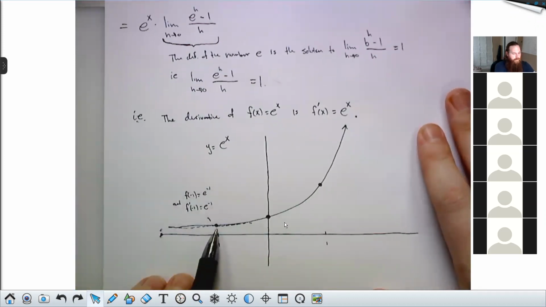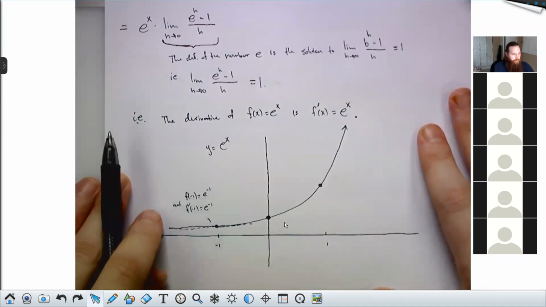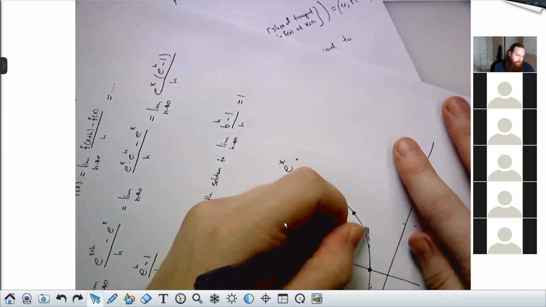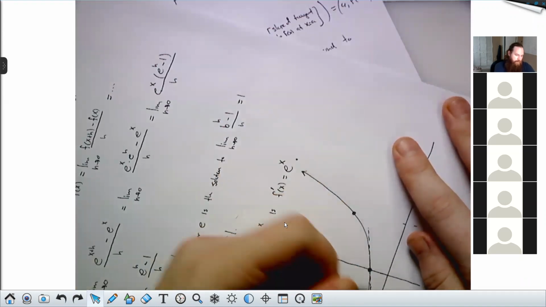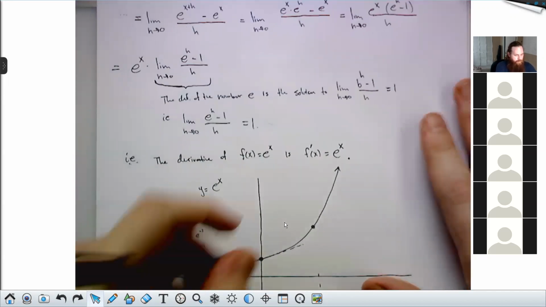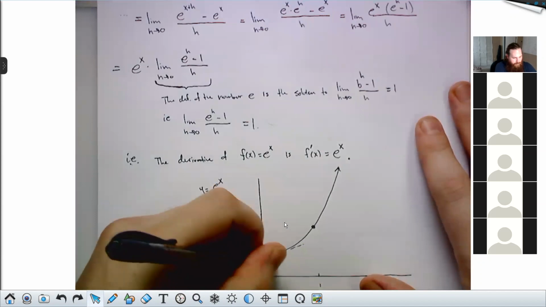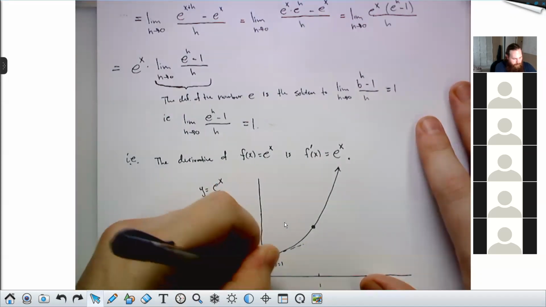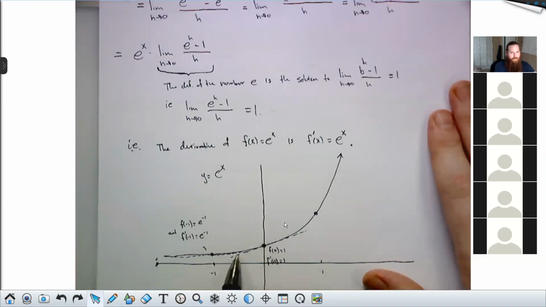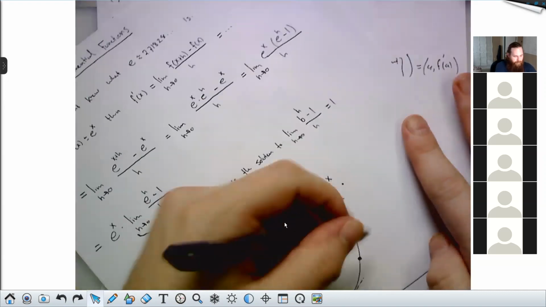So the slope of the tangent line here is 1 over e, or about 1/3. Right here at x equals 0, f of 0 is 1, and f prime of 0 is 1. The slope of the tangent line there is the same as the height of the point.